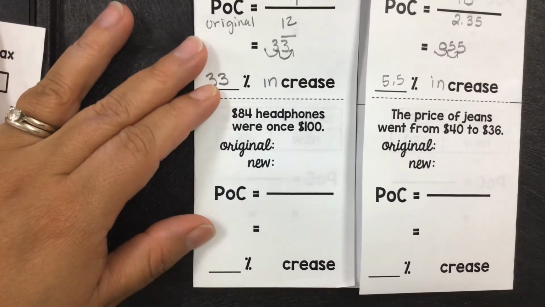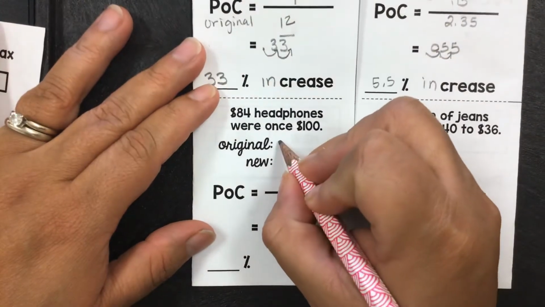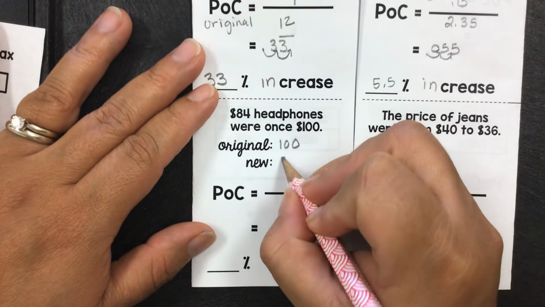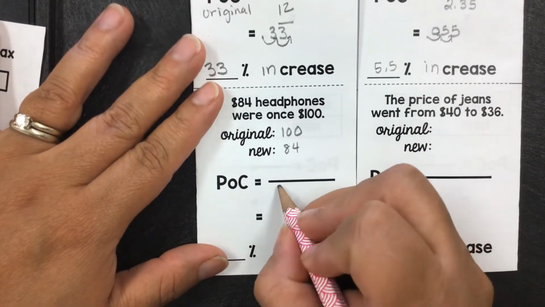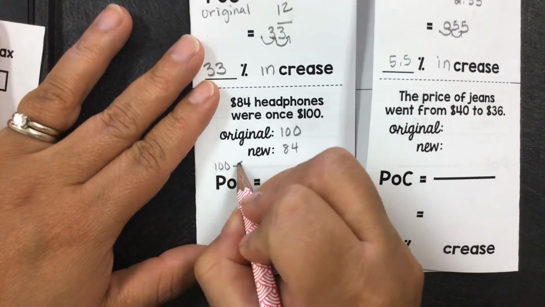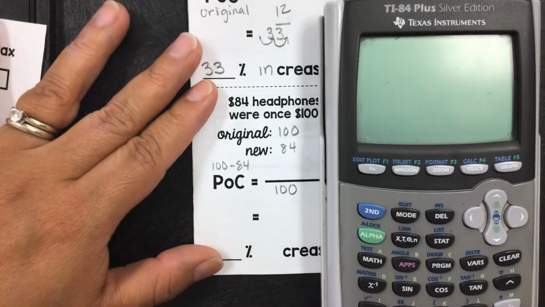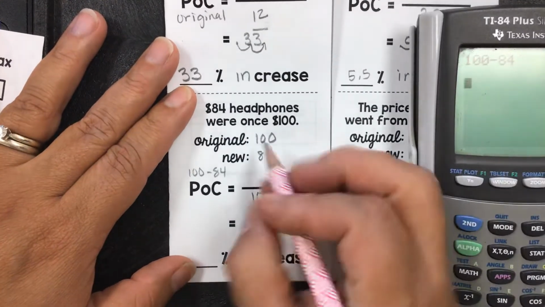$84 headphones were once $100. Once was $100 means that that's our original amount. Now we have 84. The original is always the one that goes in the bottom. The difference between these two, that's 100 minus 84, is the numerator, which gives you 16.